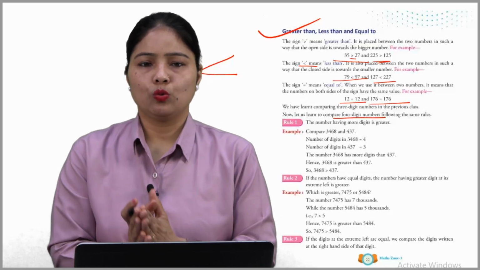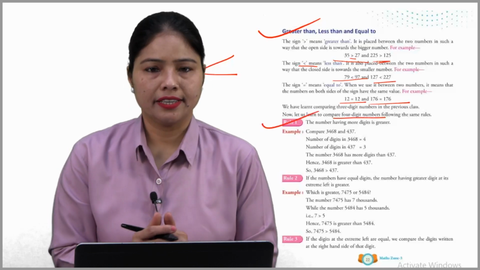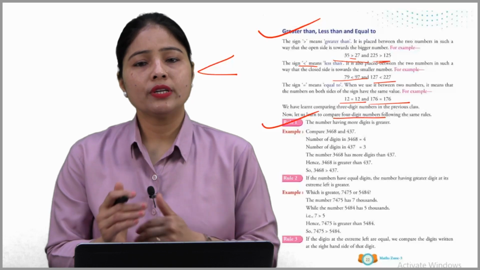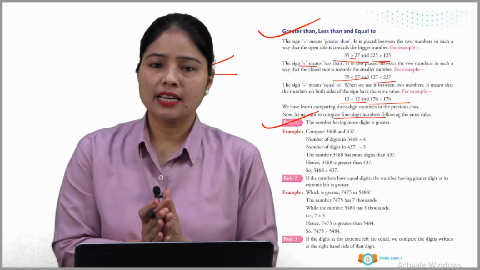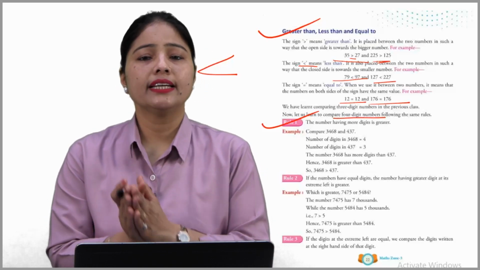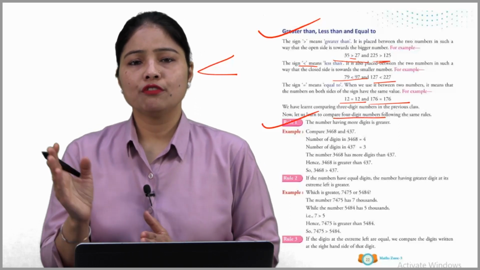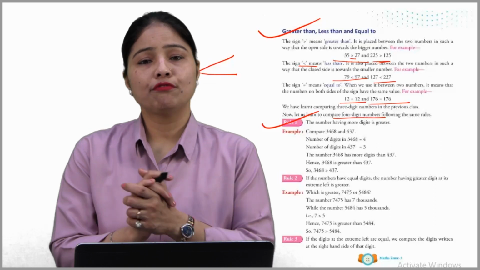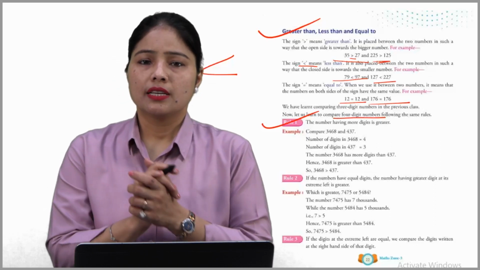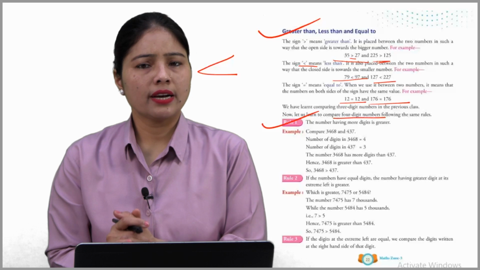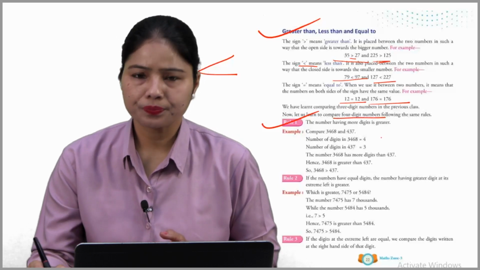Following the same rules. So rule number 1 is given here. The number having more digits is greater. Example, compare 3468 and 437. The number of digits in 3468 is 4.